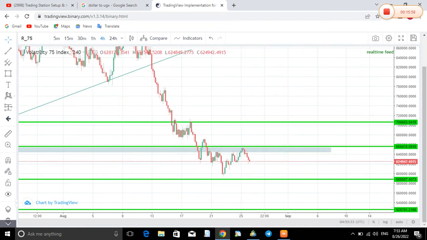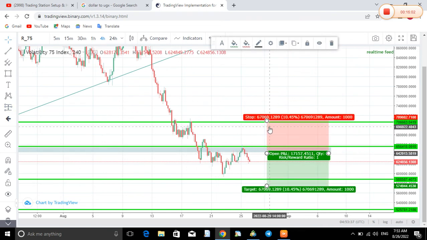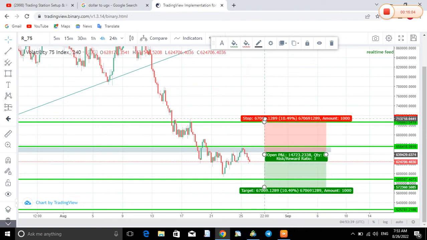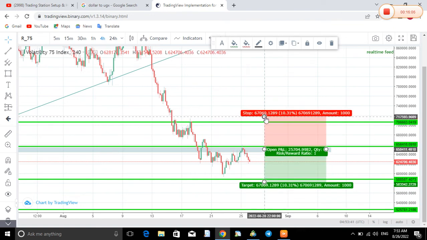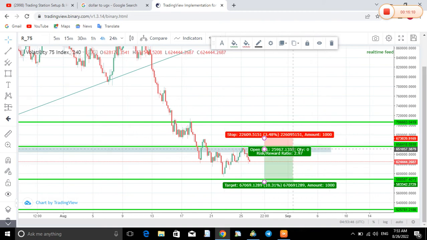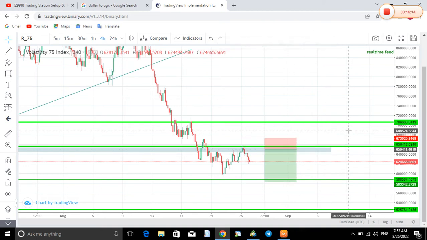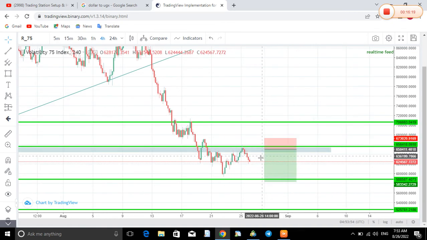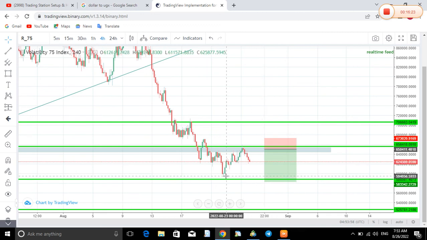So this one is an impulse move correction. That's why I told you that we are expecting 75 to make another impulse move to the downside, because we already had an impulse move. Now the price was trying to consolidate around these particular levels. Now we're expecting it to drop all the way back to this recent high low.